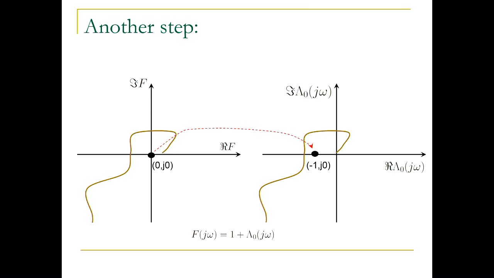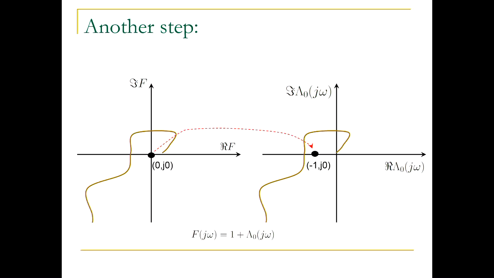That's the critical point. I shifted the coordinates by just 1, translating everything. So if I plot lambda 0, then Cauchy can tell me how many times lambda 0 of j omega encircles the critical point minus 1, j0.